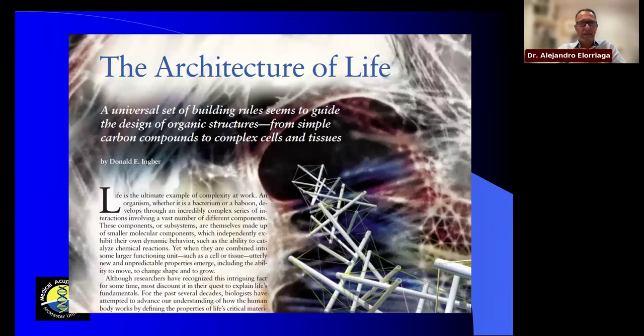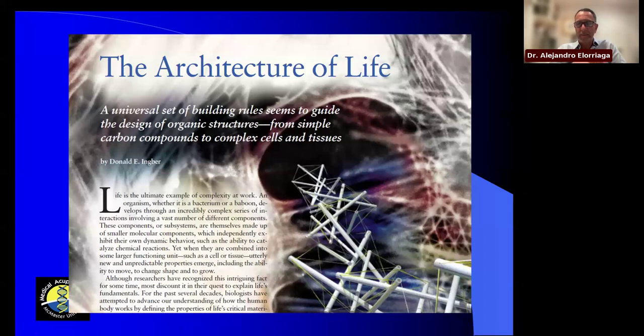This is the first page of that article I mentioned. You can see in the article illustrations that are similar to the sculptures that I showed you. Those sculptures are from Kenneth Snelson. Kenneth Snelson was a student of Buckminster Fuller and became a sculptor and created all these tensegrity structures that are famous.